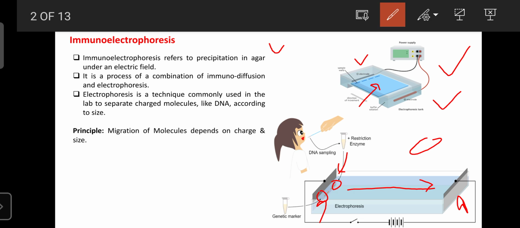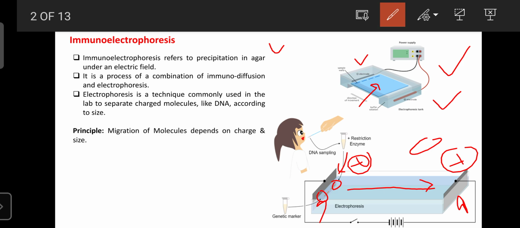Those molecules diffuse or migrate according to the electrical current. If they are negative, they move towards the positive electrode. If they are positive, they stay here only. So negative molecules move towards the positive electrode and positive molecules move towards the negative electrode.